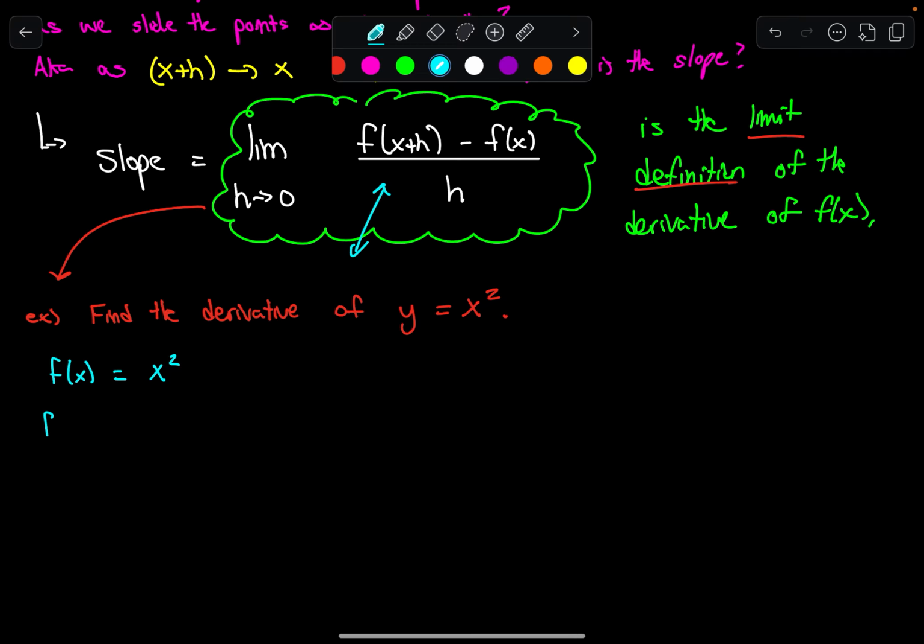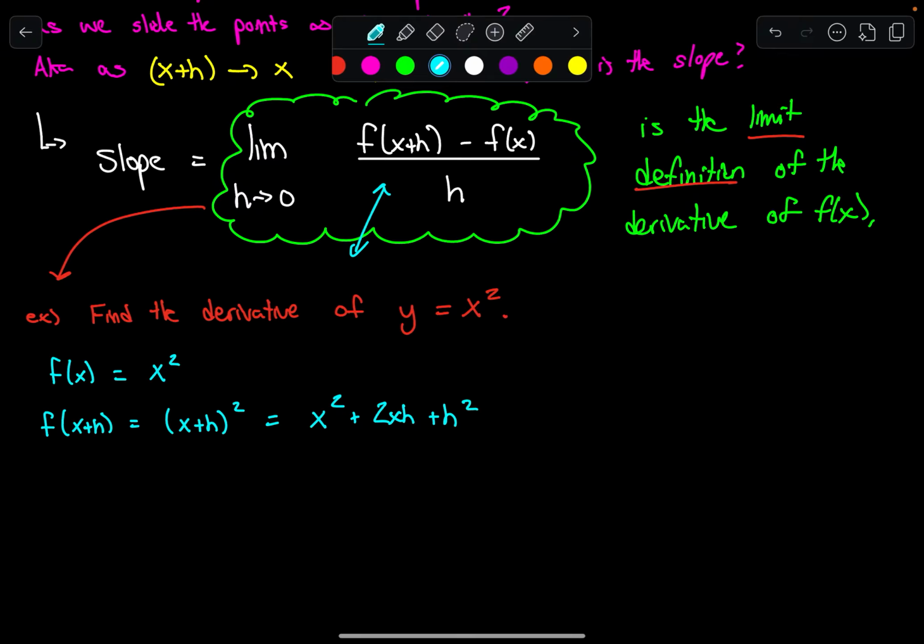And the only other thing I really need is what is f of x plus h? Well, f of x plus h, that's just going to be x plus h squared, and even that in and of itself is x squared plus 2xh plus h squared, right?